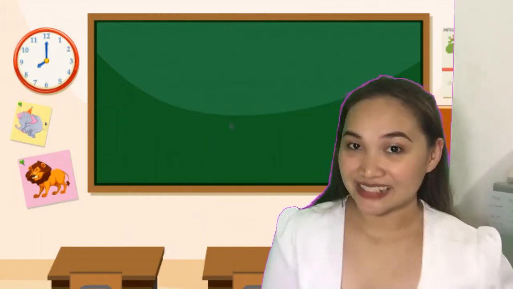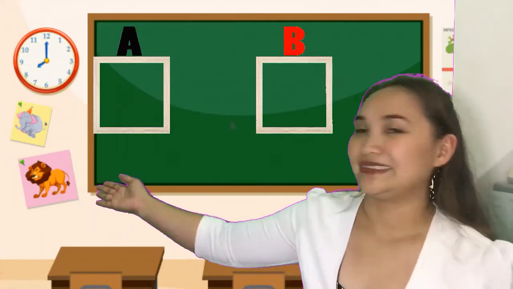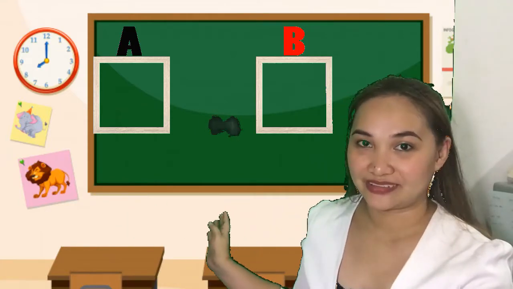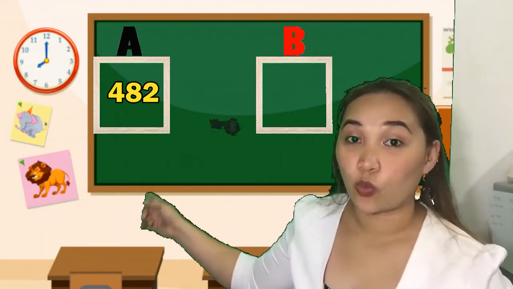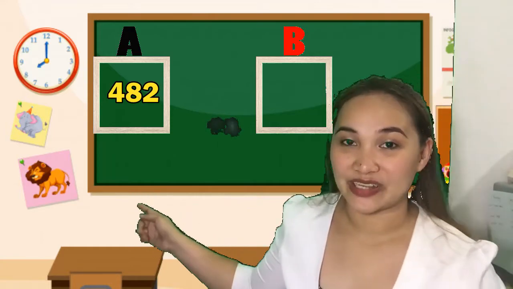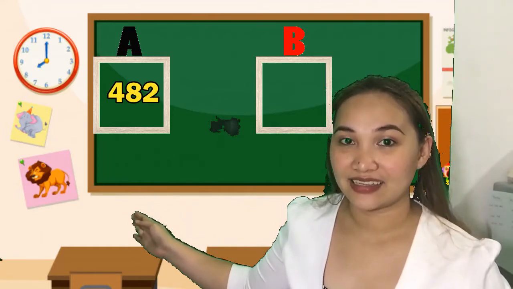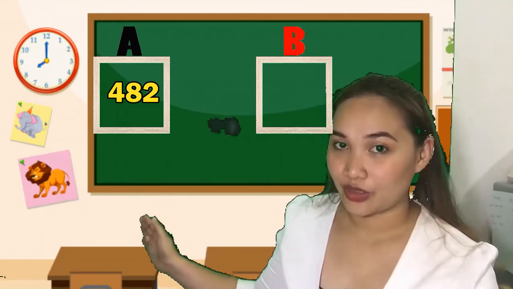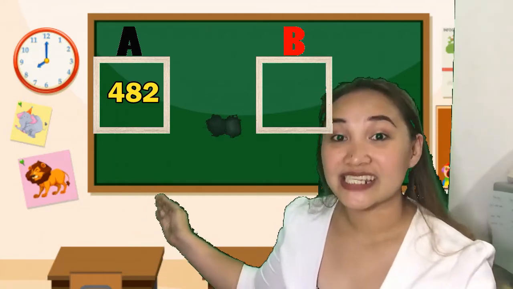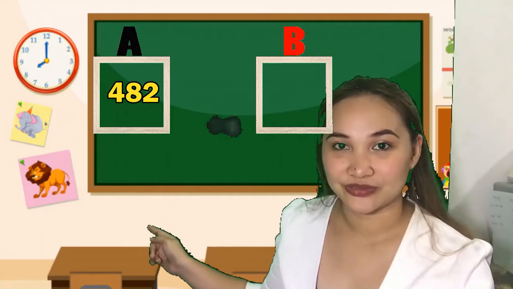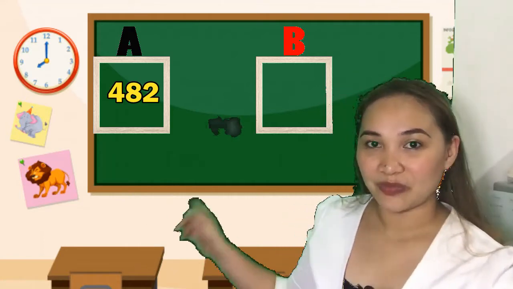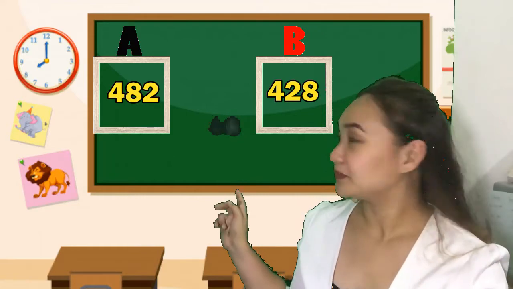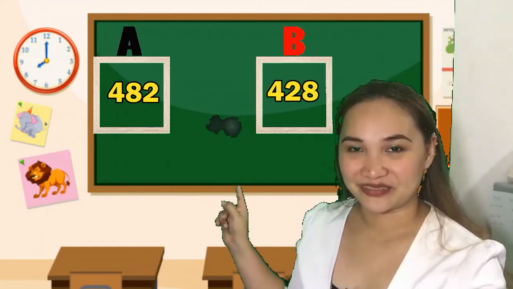Okay, so next example, we have box A and box B. Can you read what number is inside our box A? Very good. There are 482. Okay, so how about our box B? Very good.